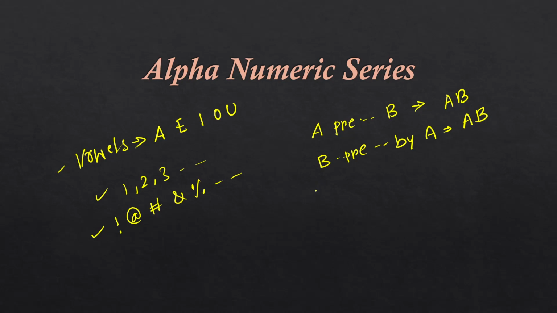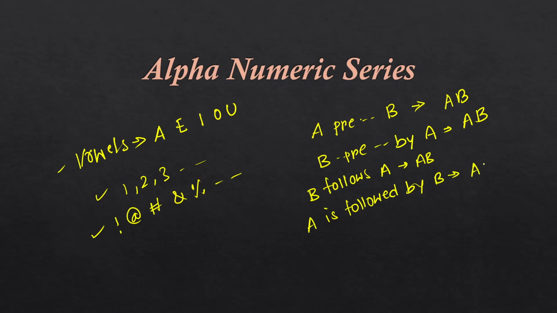If it says that B follows A, that means AB. And the last one, A is followed by B, that means AB. We can surely say that B is always after A in these cases.